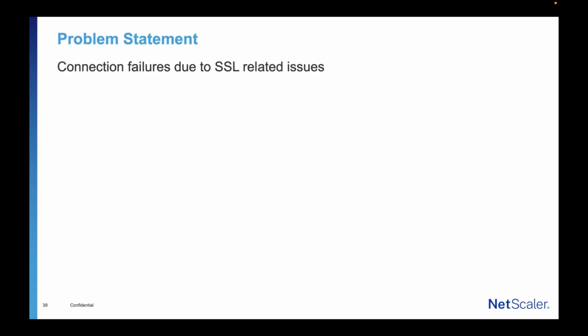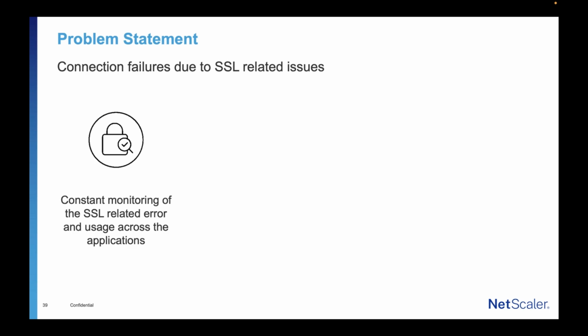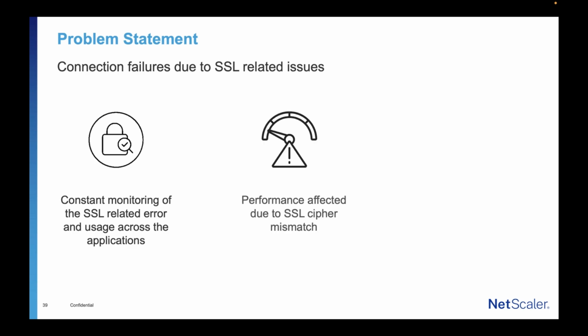Obviously you would be using SSL to establish a secure connection between all your network entities. There are failures due to some SSL related issues, and you do not have visibility into them. You have to constantly monitor the SSL related errors and usage.